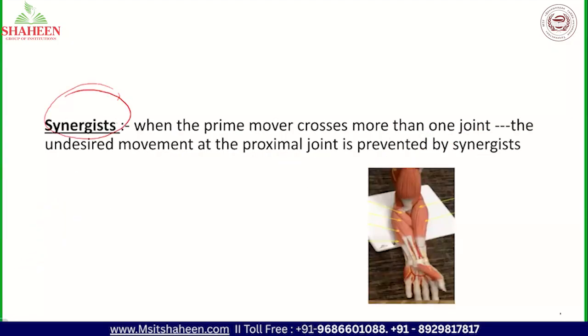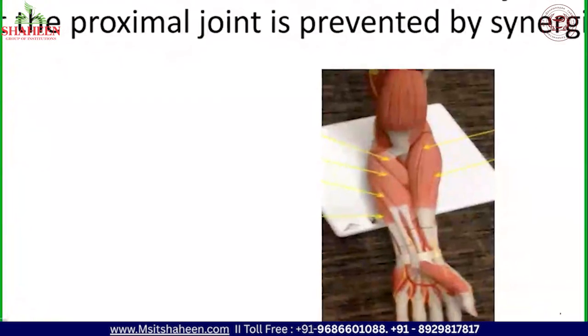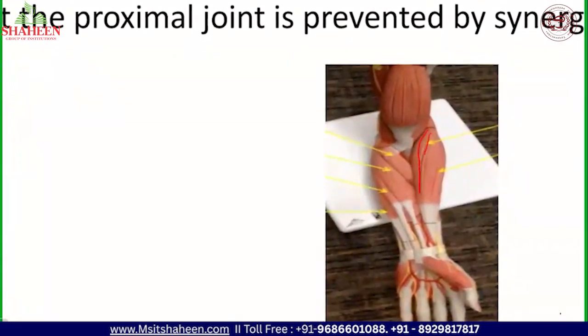Next is another point, the synergist. Synergist: when the prime mover crosses more than one joint, the undesired movements at the proximal joint are prevented by the synergist. For example, these are the muscles of your forearm. These are the flexors of the forearm.